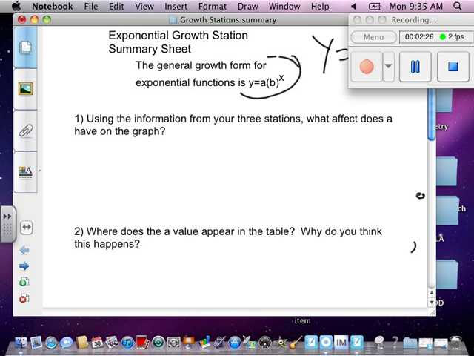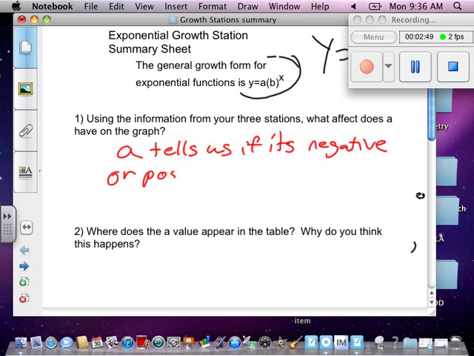When we made A negative, what happened? It went down. So we know that A affects it by telling us if it's negative or positive. If it's negative, it flips it over the x-axis.